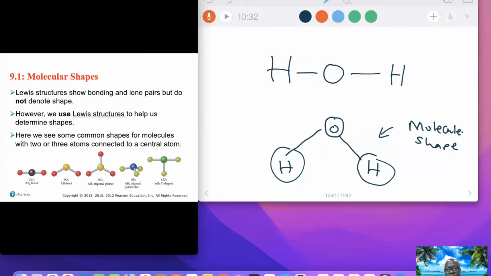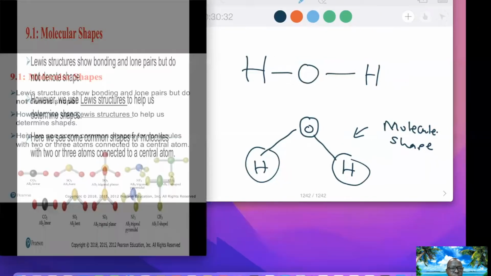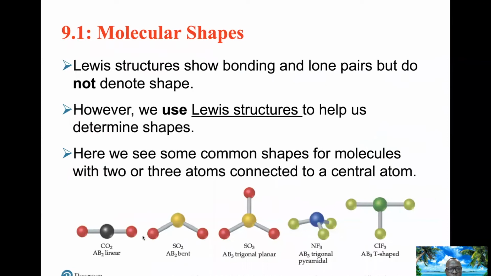You should be able to define the bonding electrons and non-bonding electrons. We will use the knowledge of Lewis structures for molecules and polyatomic ions to predict the molecular shape.